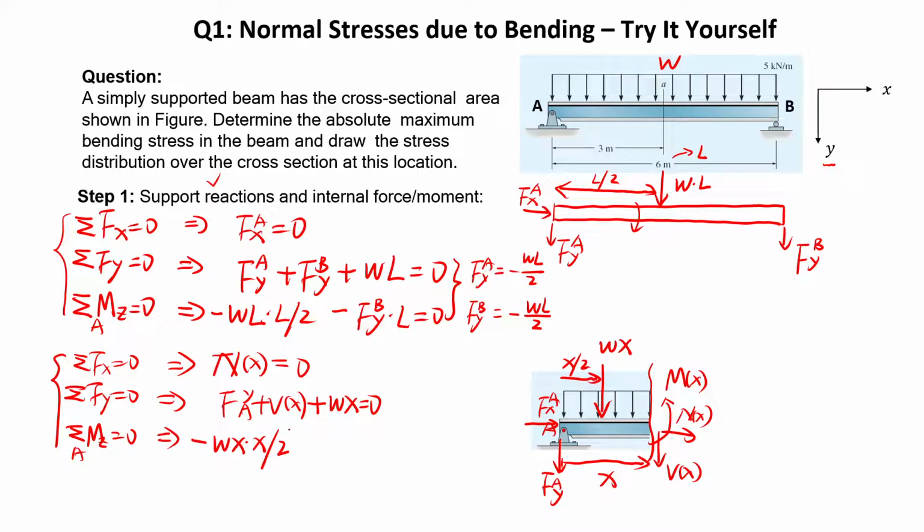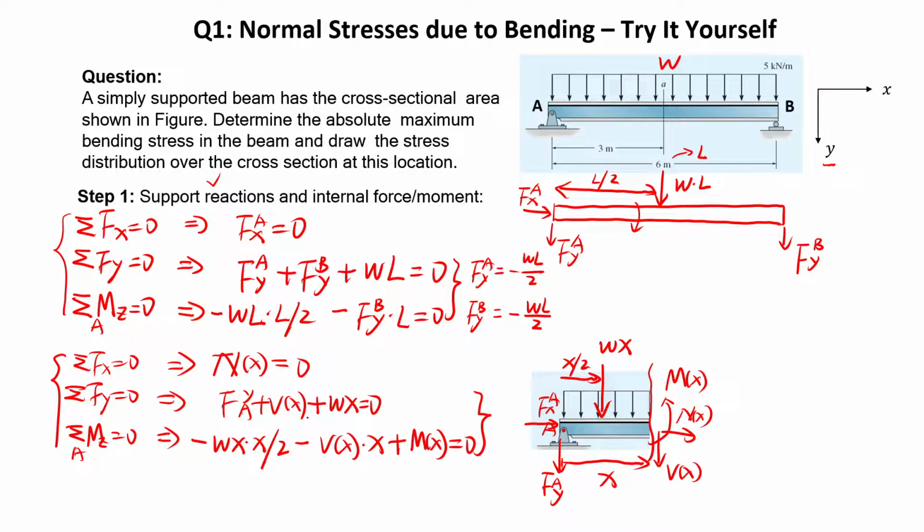And Vx again has a minus sign, Vx times x. And you need to remember there is the assumed internal moment, the moment causing the bending, which is Mx. We assume it's positive, so plus Mx equal to 0.